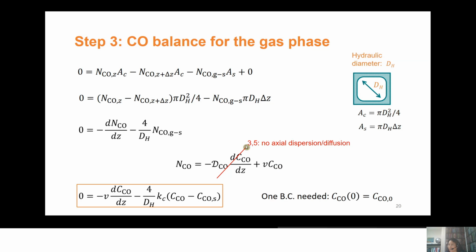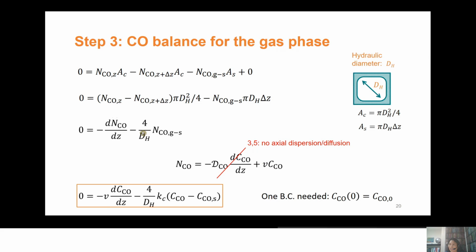Remember our assumptions 3 and 5: we assumed no axial dispersion or diffusion, which is a reasonable assumption if the flow rate is high enough. So the flux of CO is just the velocity of the gas times the concentration of CO. The velocity times the concentration is the convective flux, which you should already be familiar with. So the flux is just due to convection.